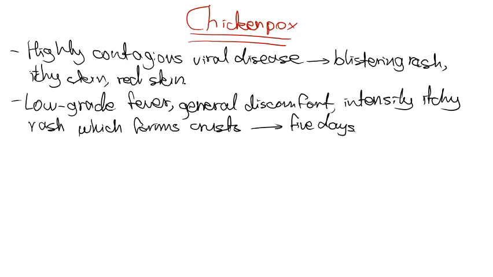It causes a low-grade fever, general discomfort, intensely itchy and red rashes which form crusts, and this rash itself is highly variable in its morphology. It can present with redness, blisters, some breakage of blood vessels internally under the skin. And another important thing to remember is that it can present latently later on in the life of a person who has already suffered from chickenpox in the past.